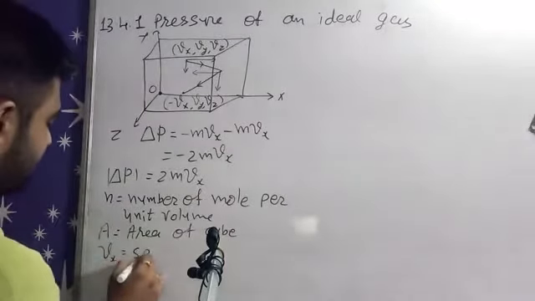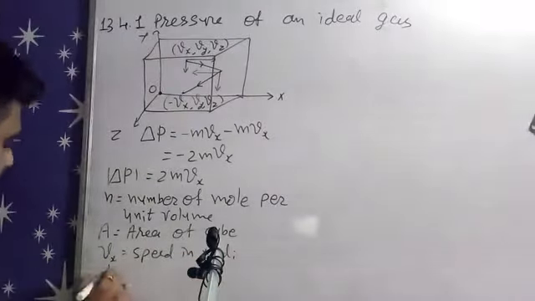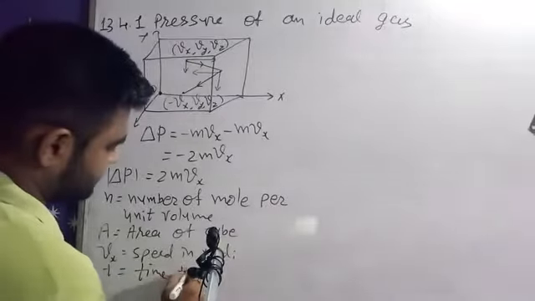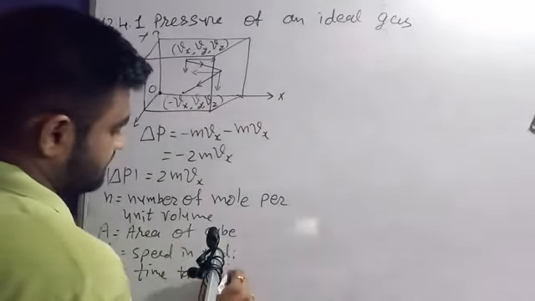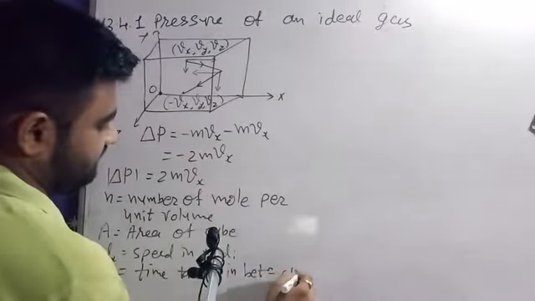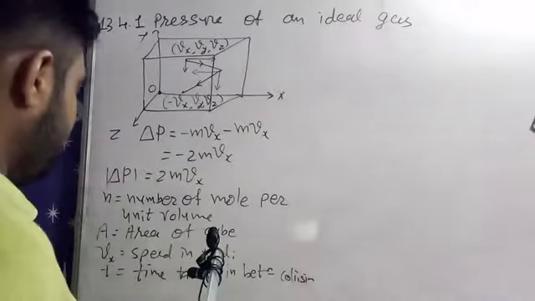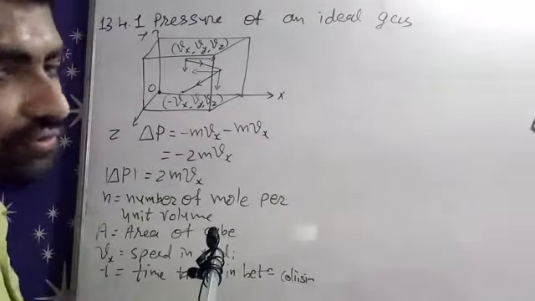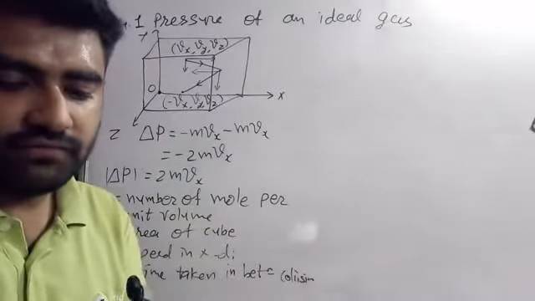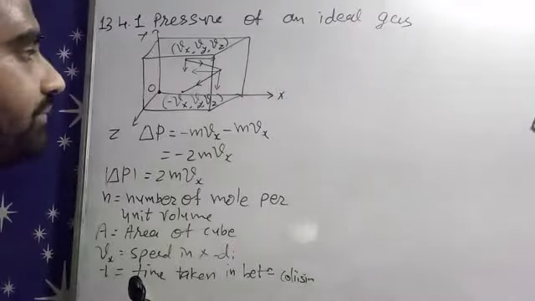Vx is the speed in the x direction, and T is the time taken in between collisions. Okay, see here, if I multiply this Vx into T, what do we get? Distance.